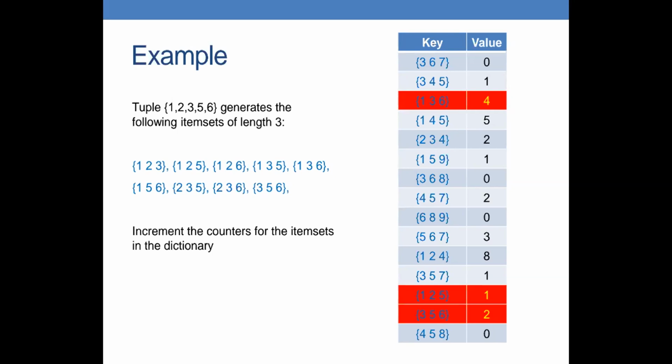In level 1, 2, 3, 5, 6, these are a particular transaction. 2, 3, 5, 6 are frequently purchased, 3, 5, 6 you repeat 2 times, and 5, 6 are repeated 3 times.